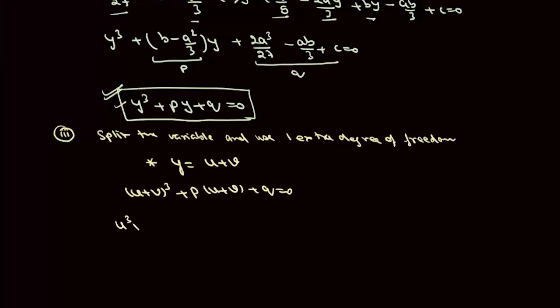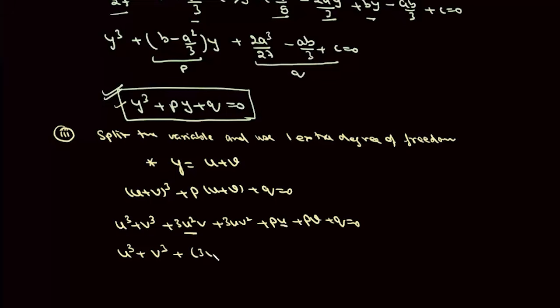So it'll be u cubed plus v cubed plus 3u squared v plus 3uv squared plus pu plus pv plus q equals 0. So we can write u cubed plus v cubed and plus, we'll take these two together, so it'll be 3uv plus p times u, and then we'll take these two together, so it'll be 3uv plus p times v, plus q equals 0.